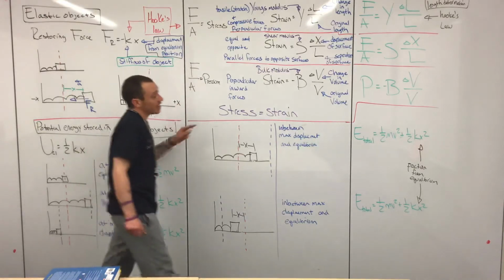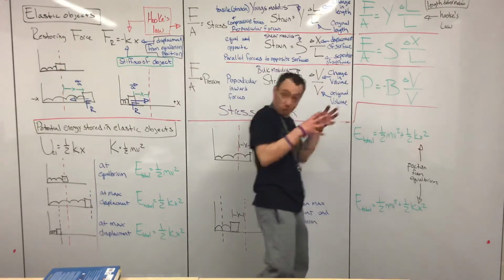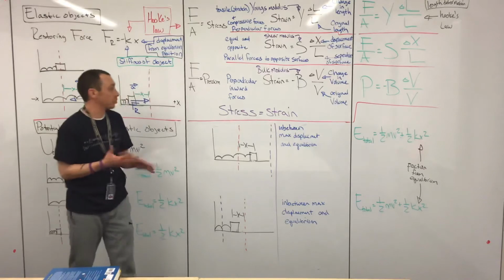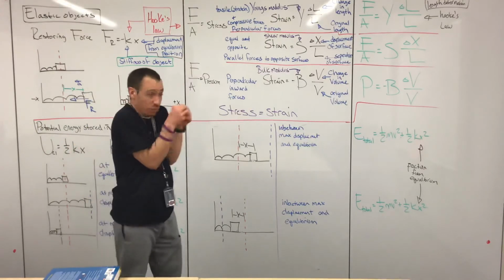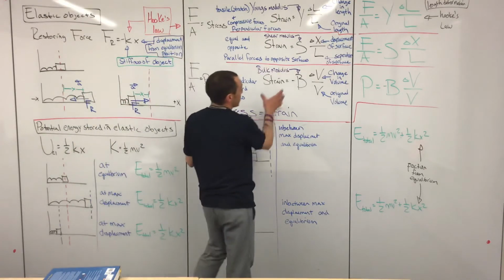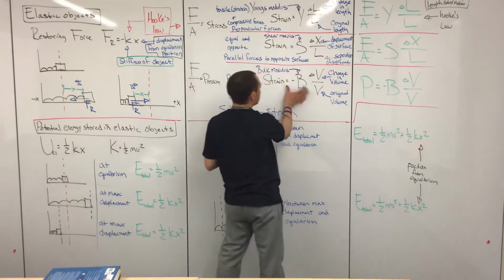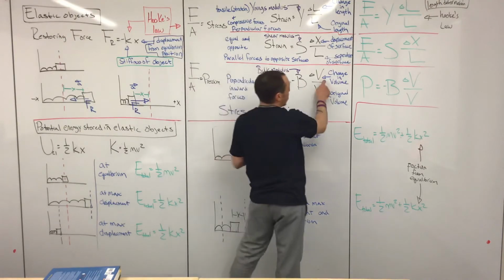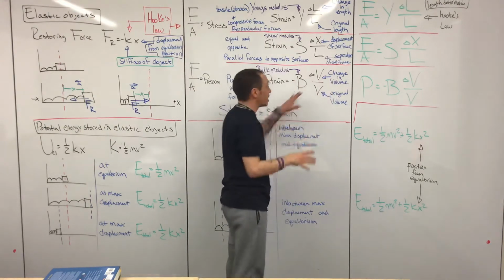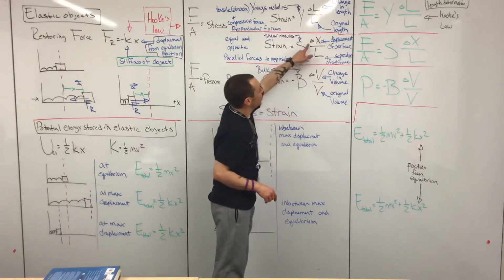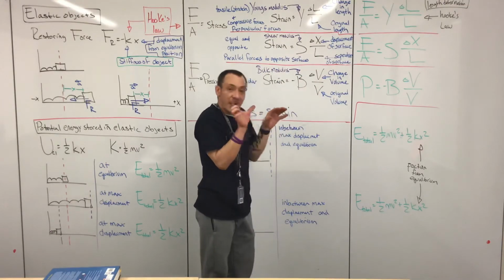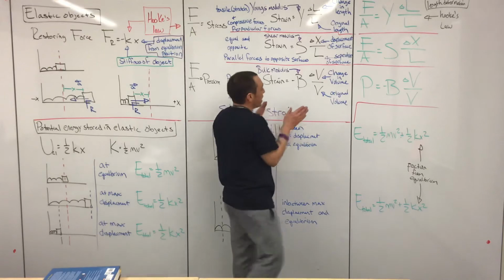And again, for this last one, this is really how things crush. So this is like a crushing force where it's perpendicular forces inward on an object, right? So again, the strain is going to be what we call V, the bulk modulus, over and times the change in volume. Keep in mind, this is the change, not how much the length, but the change.